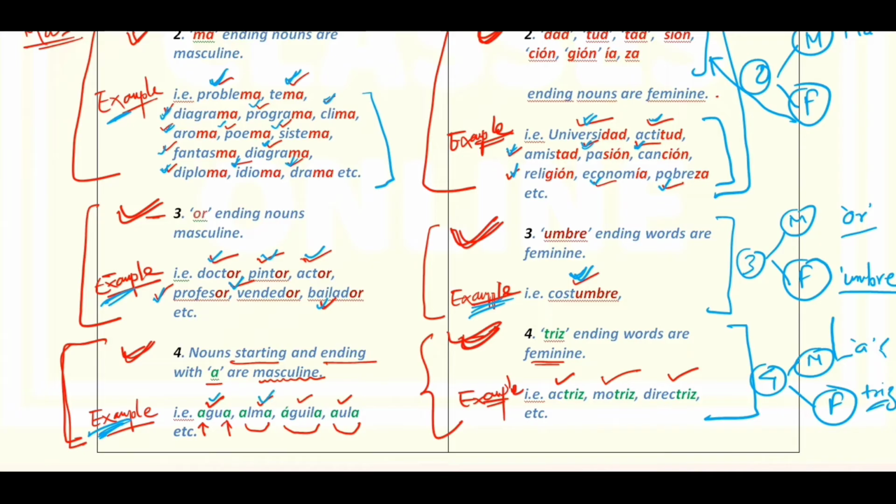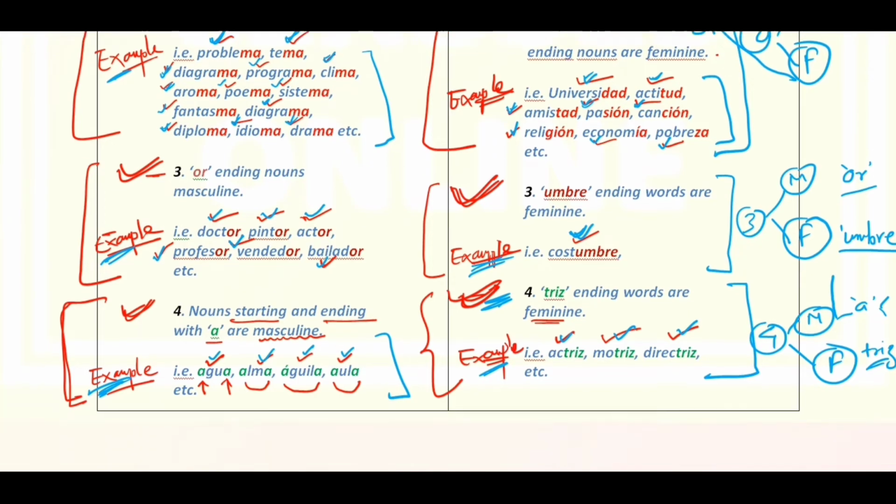Examples, masculine side: agua, alma, águila, aula. Feminine side, we have TRIZ ending words. First examples: actriz, motriz, directriz. These are examples.